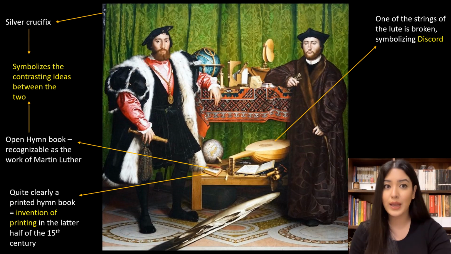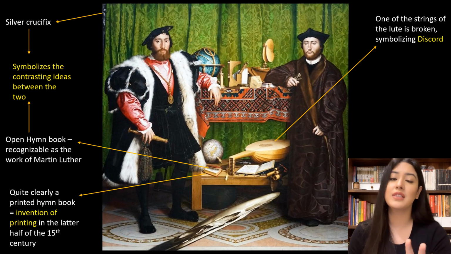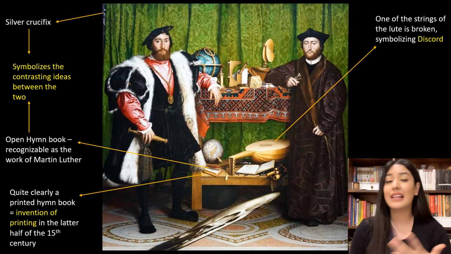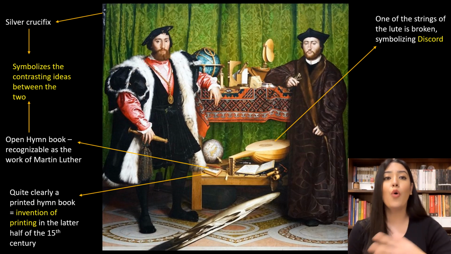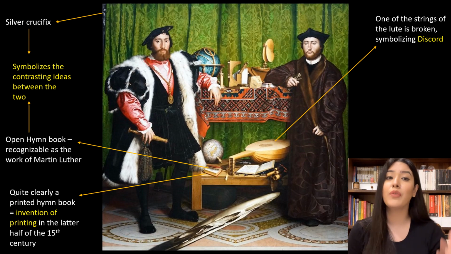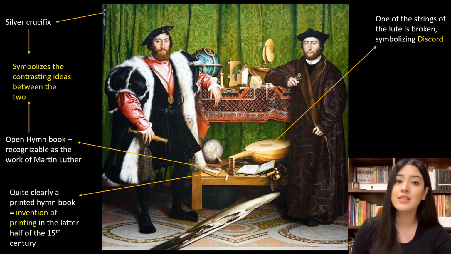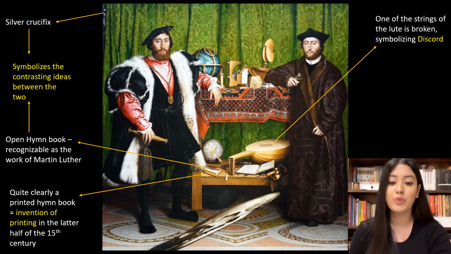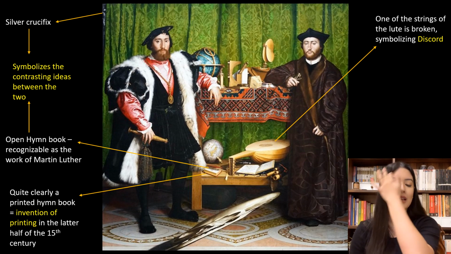He is the first person we know of to own a retail shop of printed books. That's why he's famous. He owned a retail shop of printed books. So that's why William Caxton is famous, and this is what is highlighted, the invention of printing in the later half of the 15th century. So this is one other aspect.